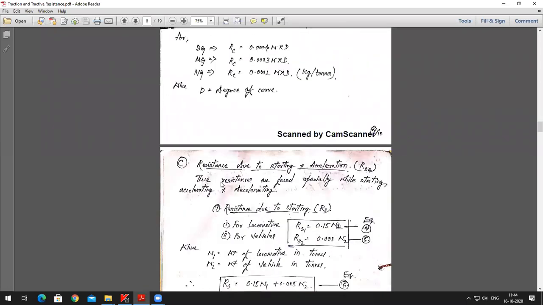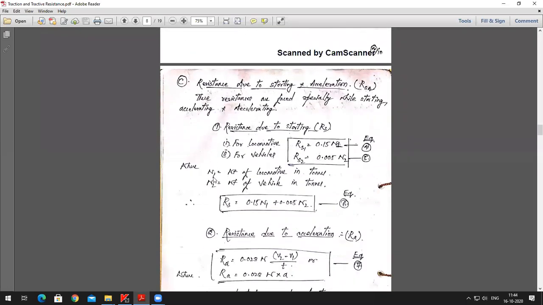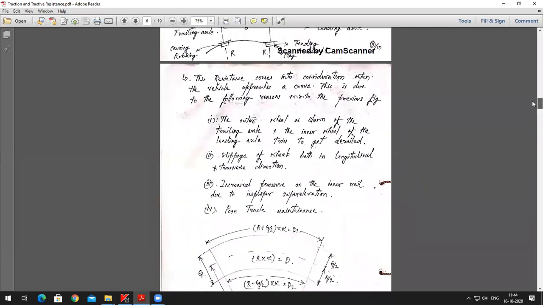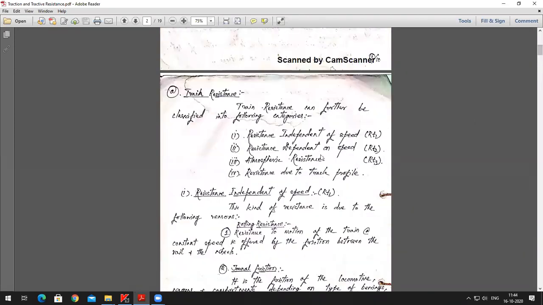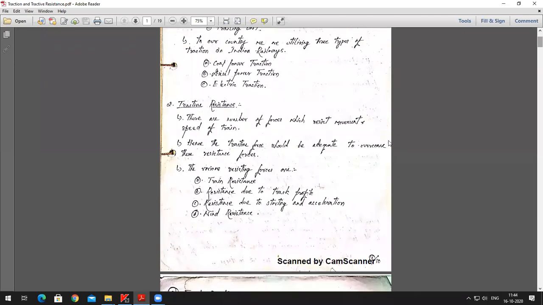Next we need to move on to the next resistance, which is called the resistance due to starting and acceleration. It is a part of the main resistances that we are about to study.